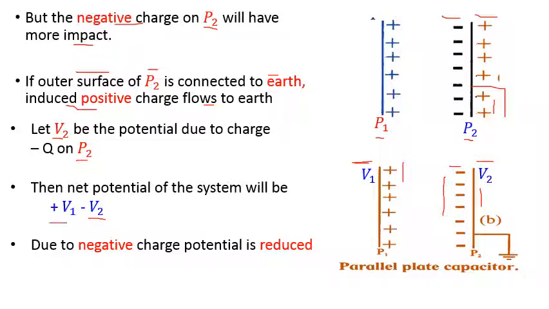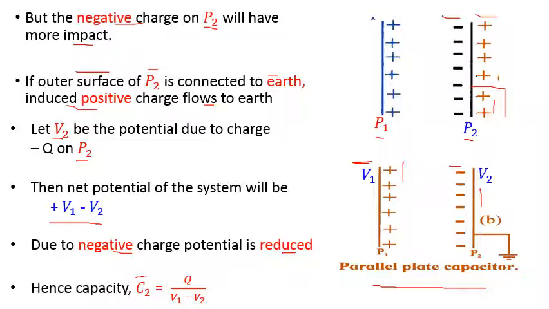So, net potential is V1 minus V2. From this, what conclusion will you draw? Yes, think about this. You can say that due to negative charge, potential is reduced. We can write down the final formula for capacity due to this system as C2, which is Q upon V1 minus V2.